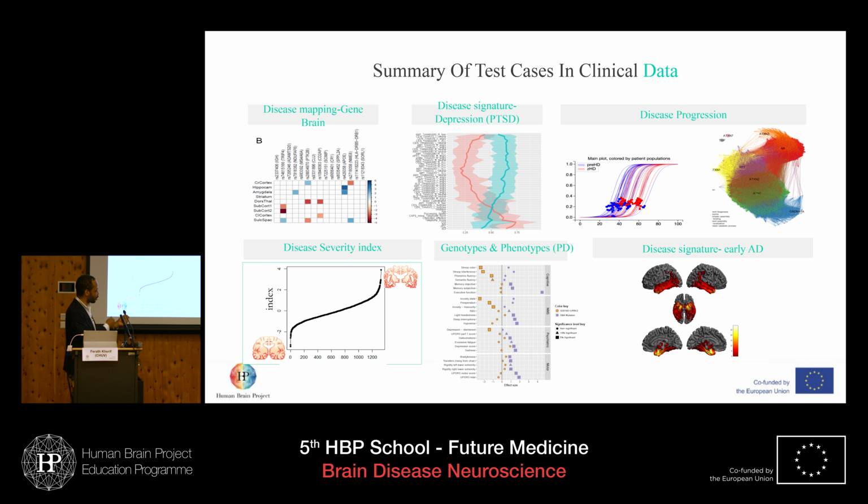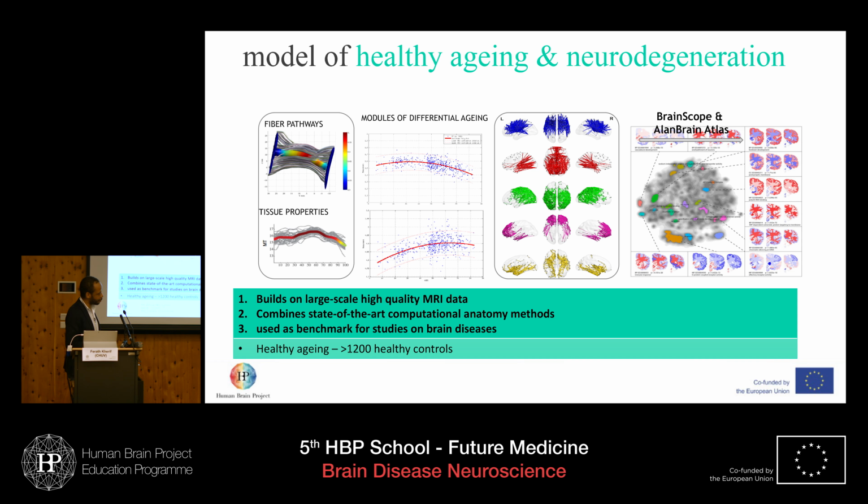But despite that, using some of the approaches that will be introduced to you, we can identify, in fact, that they have a certain pattern of atrophy, which is similar to Alzheimer's disease. One of the difficulties when you study brain disease is the confound of age. Many of these diseases that I'm talking about, neurological diseases, happen at a later age.